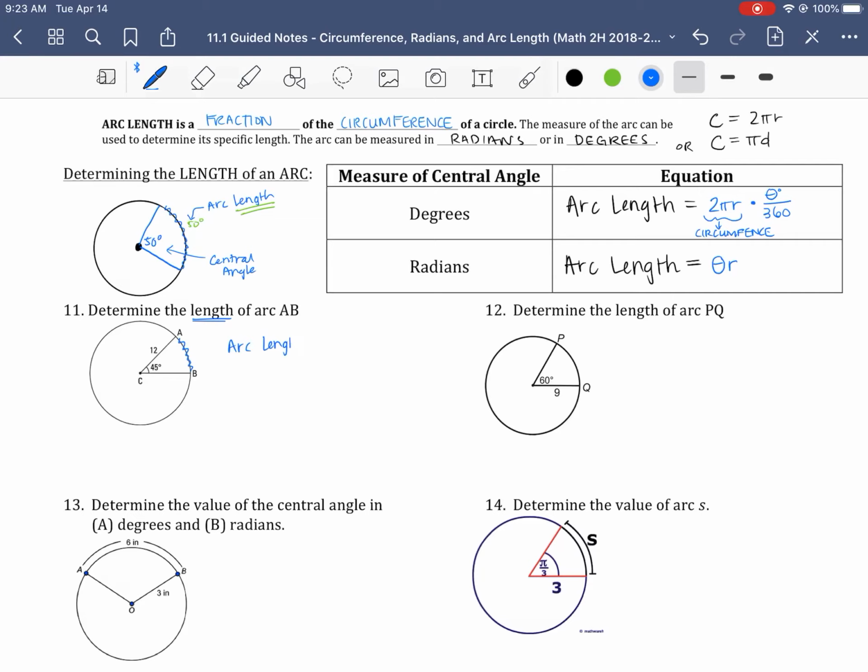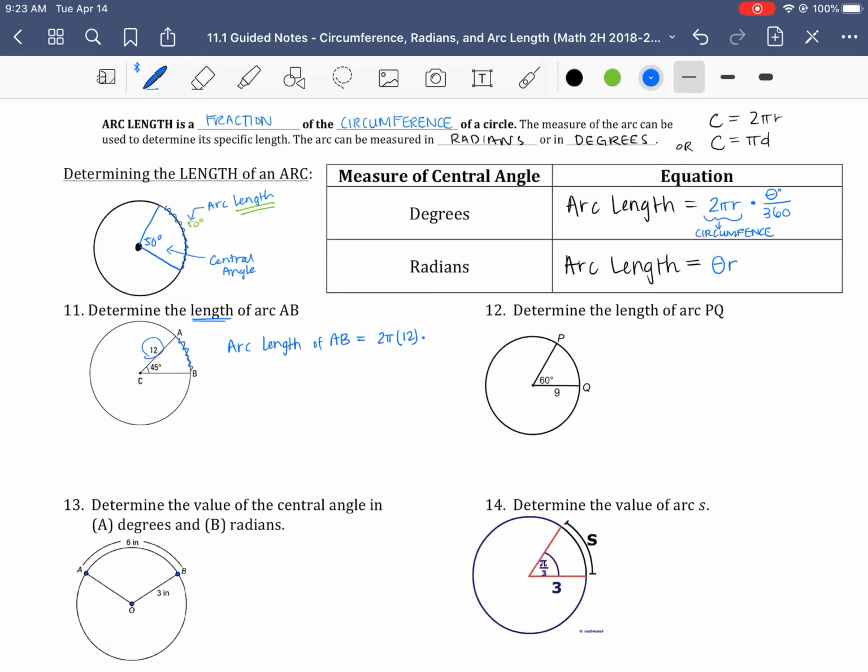So what we're going to do is say the arc length of AB is equal to, and we're going to use this one right here because we're in degrees, the circumference, which would be 2 pi r, and my radius here is 12.